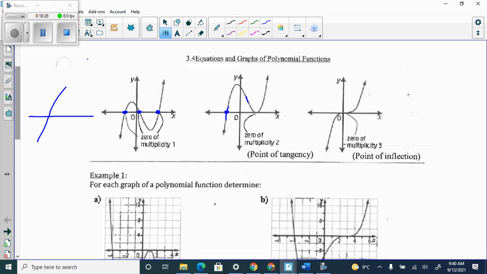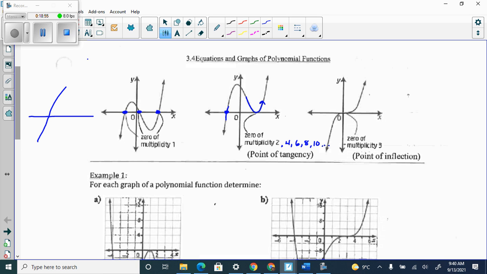This one hits it and it wants to go straight through, but then it hits it again and it bounces back up. Now this is a root of multiplicity 2, minimally. So the smallest multiplicity of root this one can have is 2. But it could also have 4, or 6, or 8, or 10, or 12, or whatever. Because all that happens is this down here will get wider.